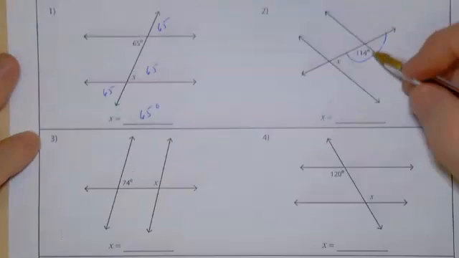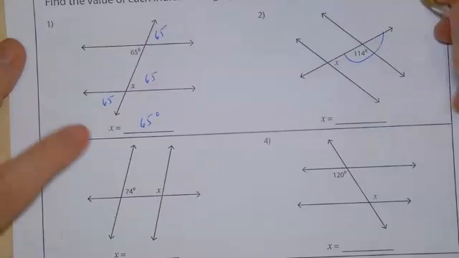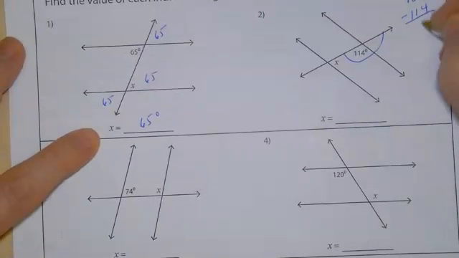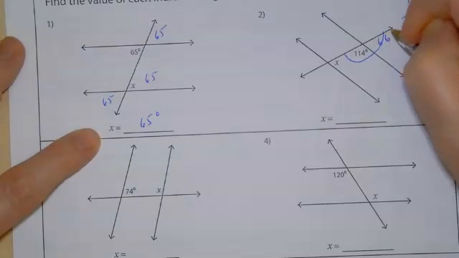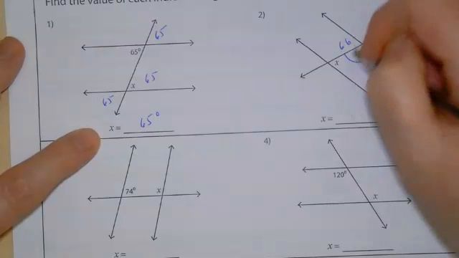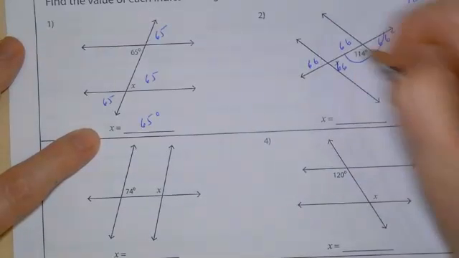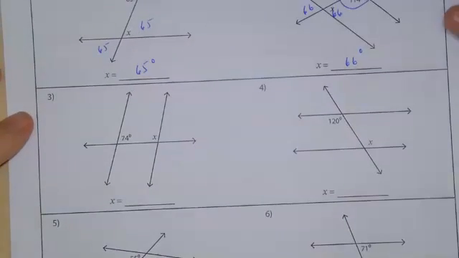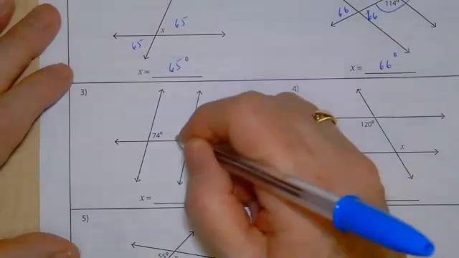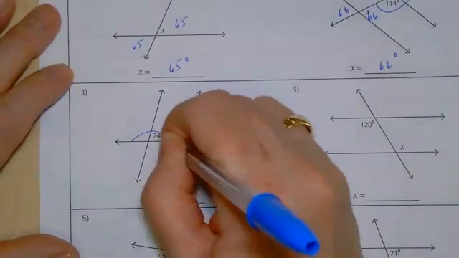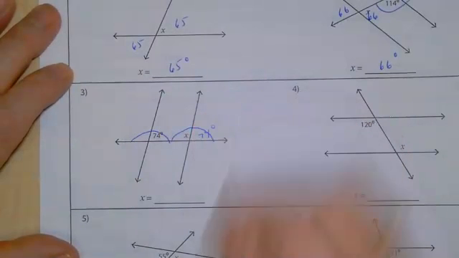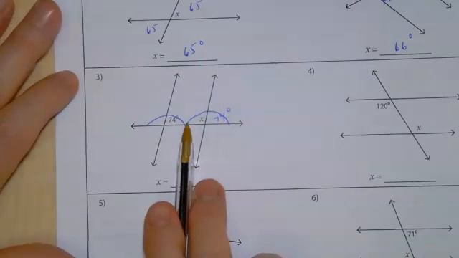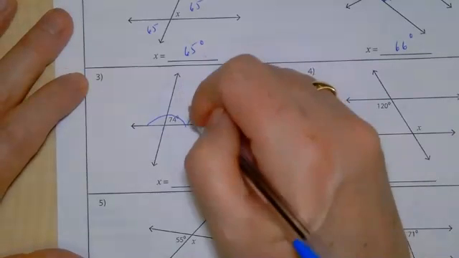To go up to 180, I've got 114 minus 180. So this would be a 66. So if you see the pattern, so if that's 74, you're going to subtract from 180 to get this.